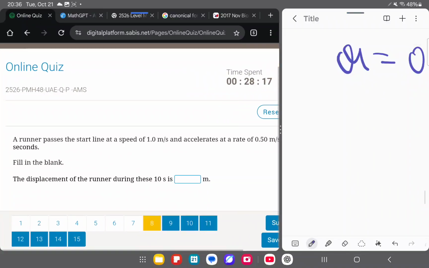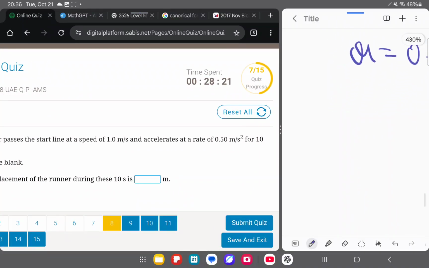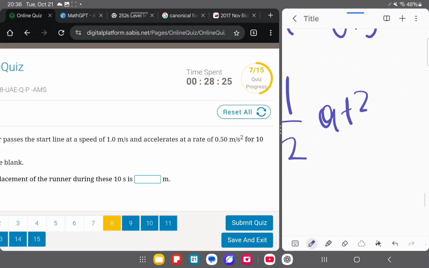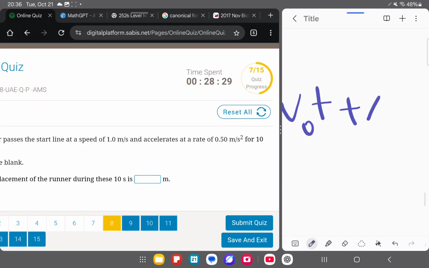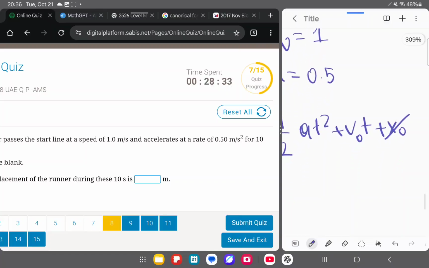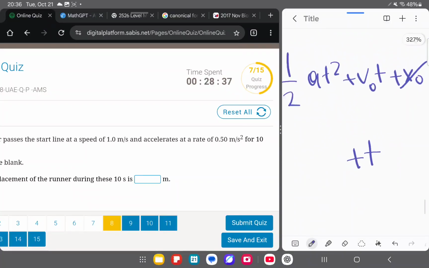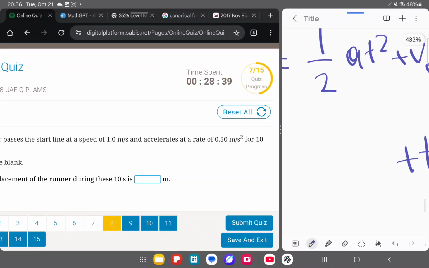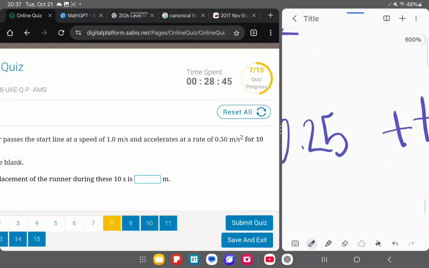Now, with acceleration and velocity, we can use this formula in the UARM: 1 over 2 at squared plus v0 t plus x0. Obviously x0 is equal to 0, so we cancel that. v0 is equal to 1, so we can just write plus t. And half at squared, where a is 0.5, so it will be 0.25, 0.5 times 0.5.